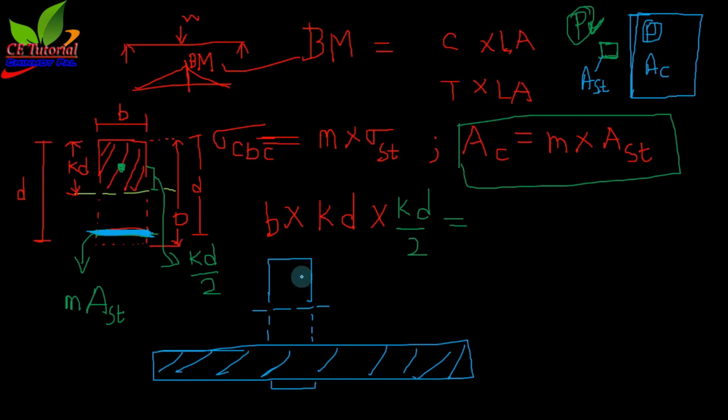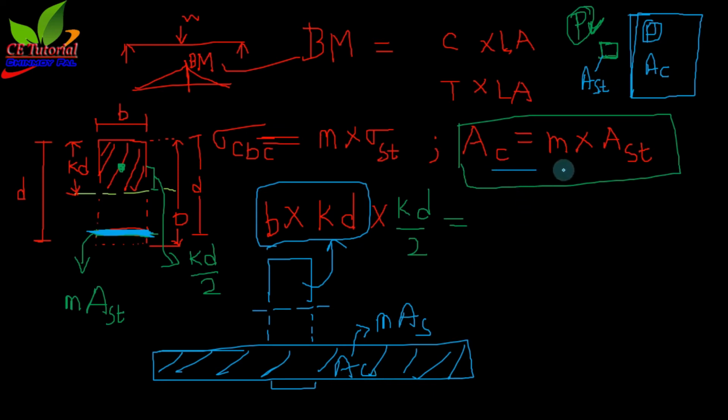Now this area is B into KD, and this area is M multiplied by AST, because actually the area is AC, and we know that AC is equal to M into AST. That's why we are considering this in terms of AST. So this is M into AST.